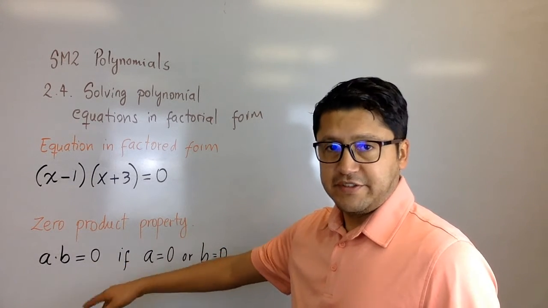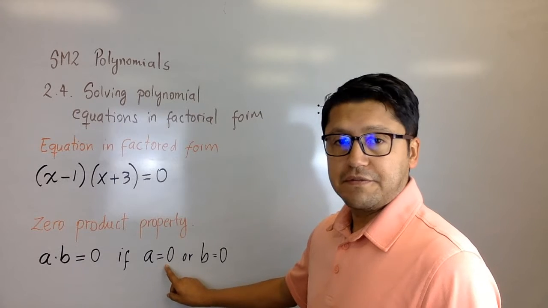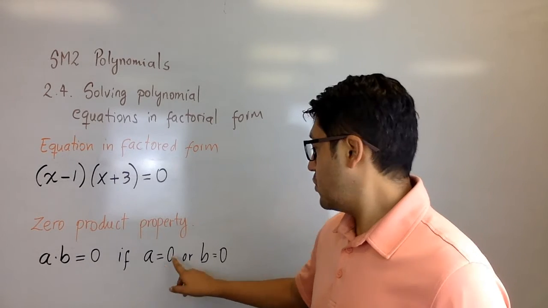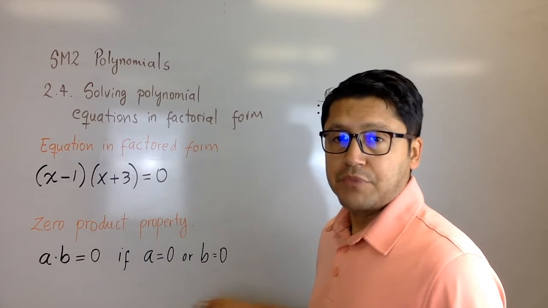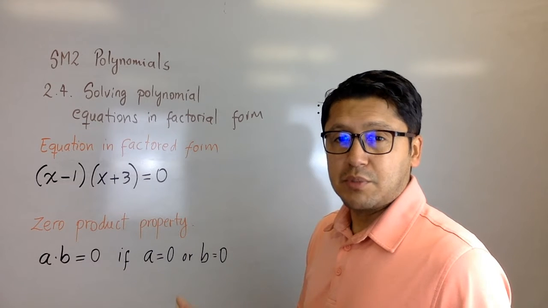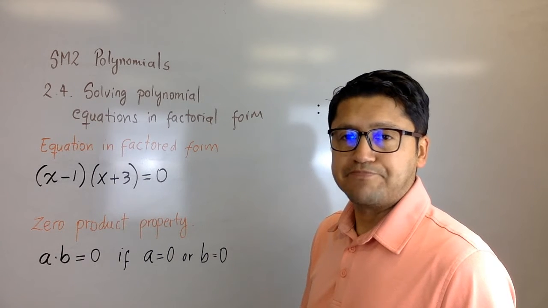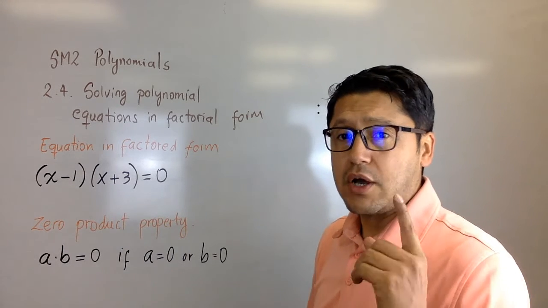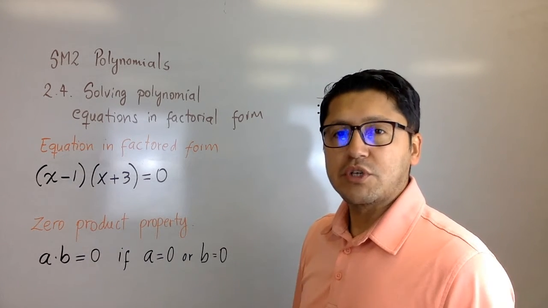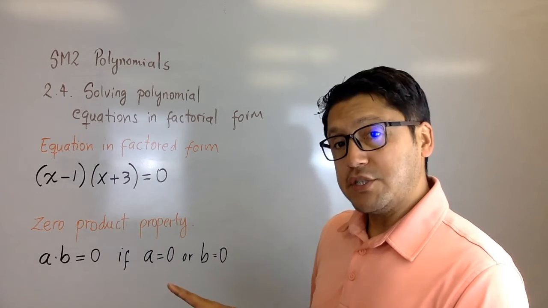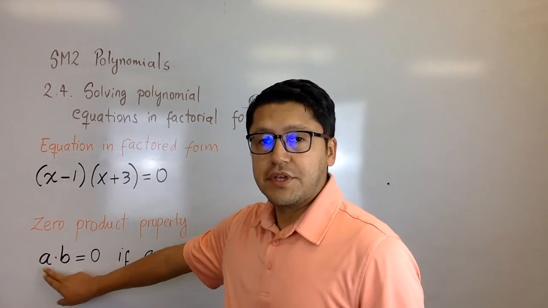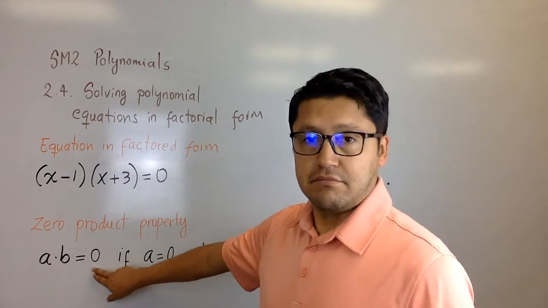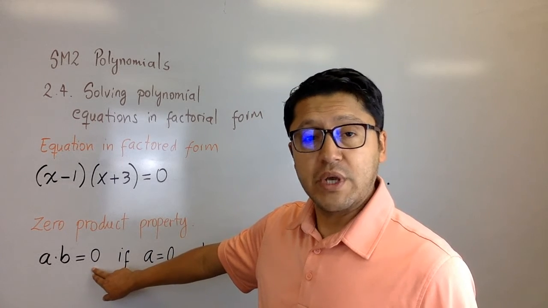This product being 0 is going to be possible if either A is 0 or B is 0. It can be possible that both of them are 0 at the same time, but that's just a unique case. As long as one of them is 0, it's going to be okay. Based on this, either this or this is 0, and thus we confirm that we have a 0 as the result.